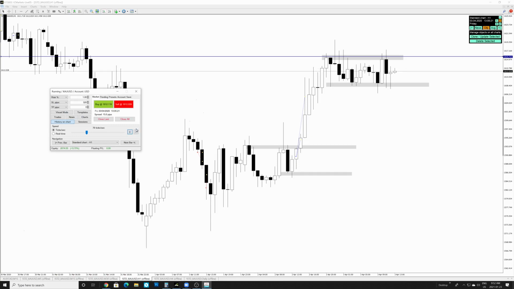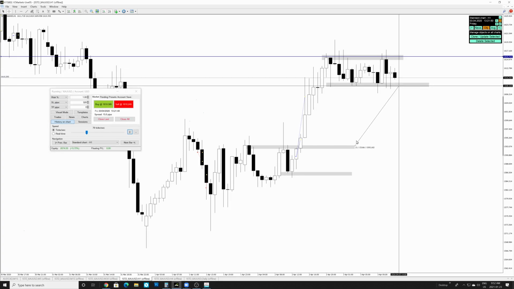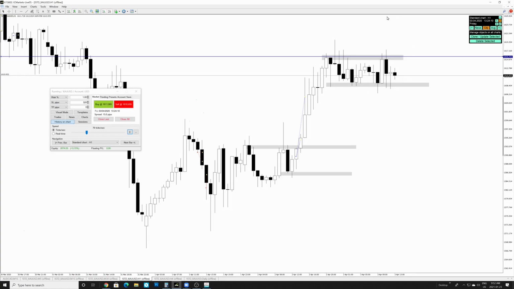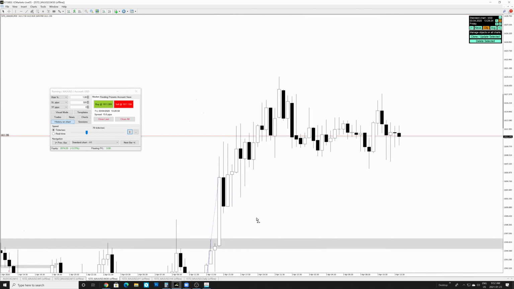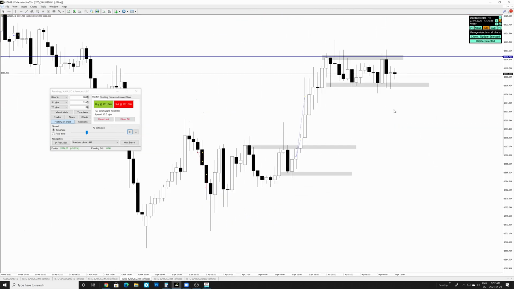And since we're ranging, we want to see if price is going to continue moving up or continue moving down. Either we break the support to continue moving bearish or we break this resistance to continue moving bullish. Right now, though, we are just in the range over here.